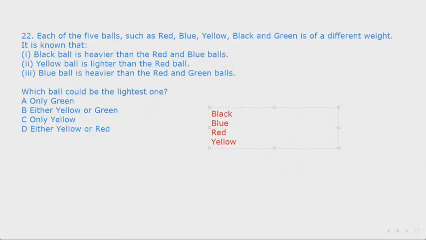So we have got the fourth thing, but the third statement says blue is heavier than the red and green balls. So blue is above red, that is for sure, but the scenario for green is not clear, where green will be.